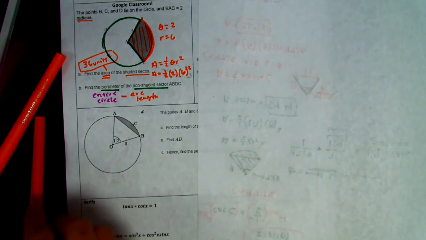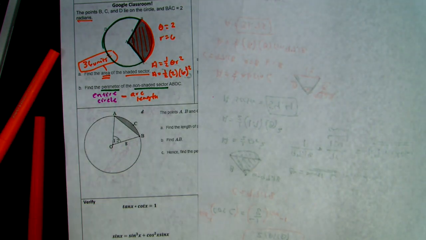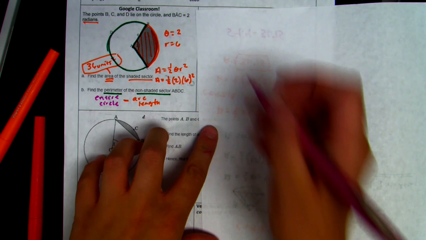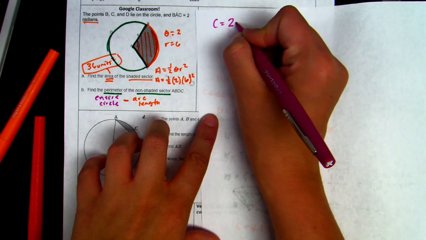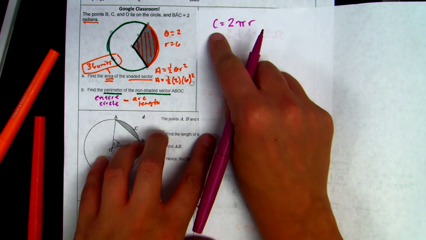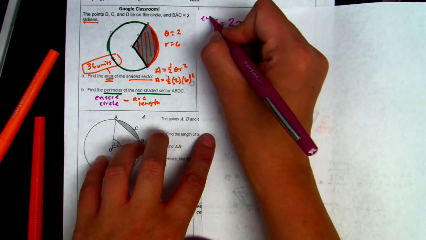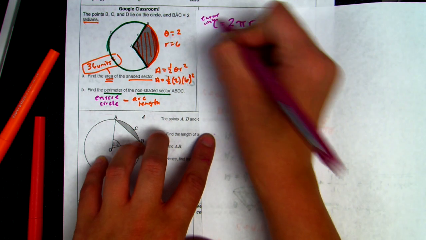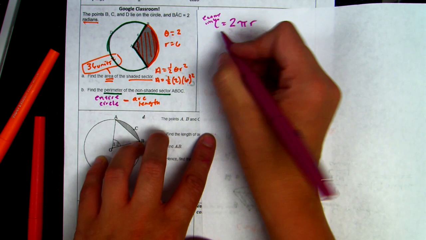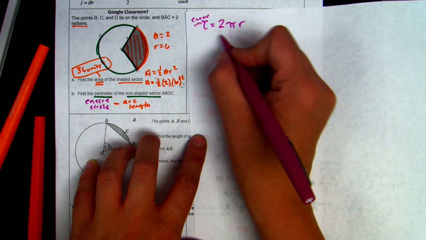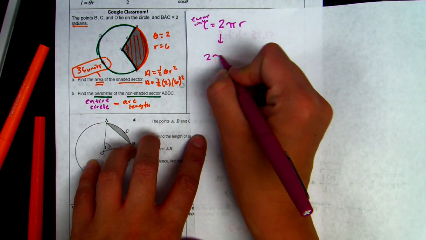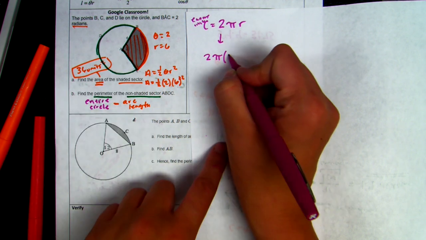So let me get a handy sheet of paper here. The circumference of an entire circle is equal to 2 pi r. So r is our radius. My entire circle is going to be 2 pi times my radius of 6.